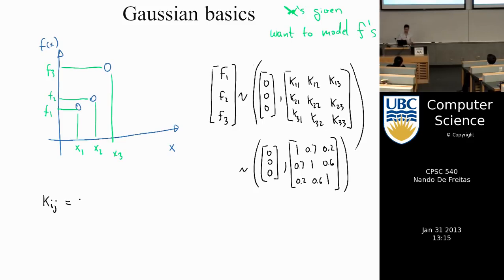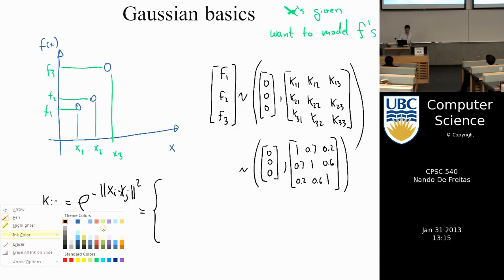How do we construct a measure of similarity? There's many, many ways. One possible way is to use this quantity, which we call the squared exponential kernel. It's exponential and it's squaring a distance.